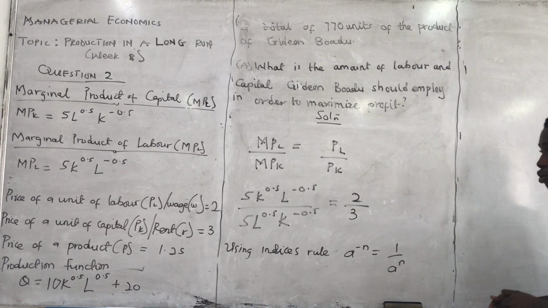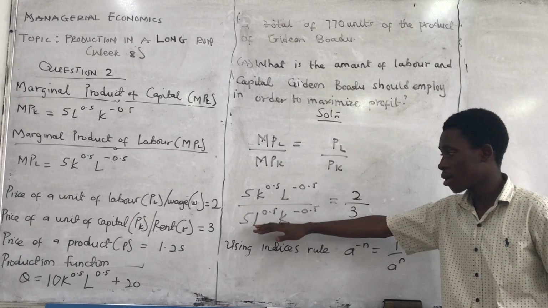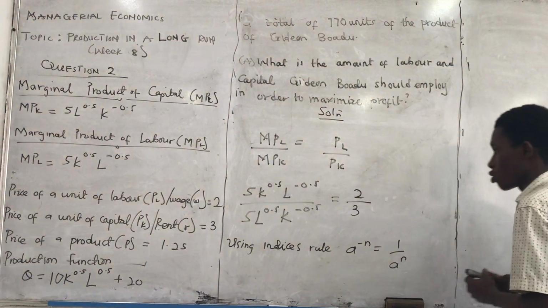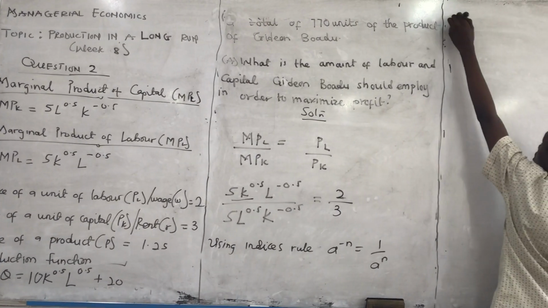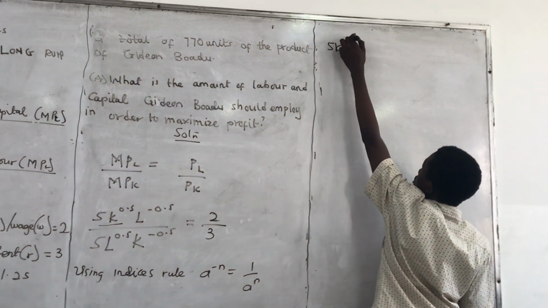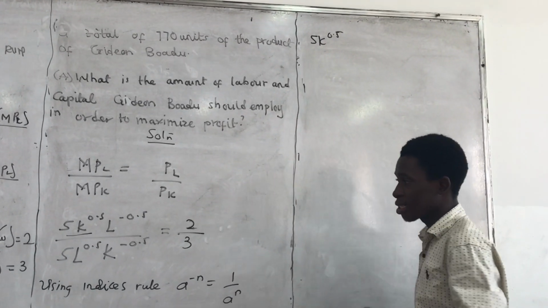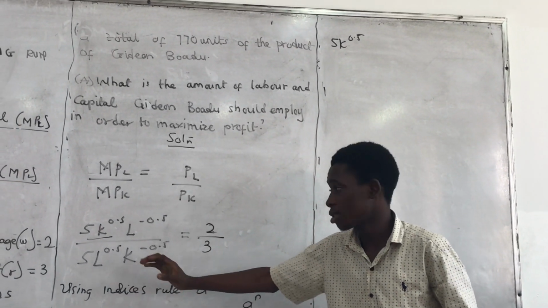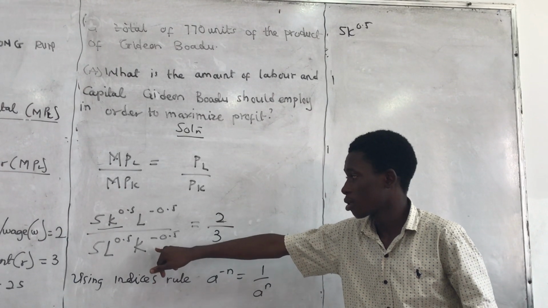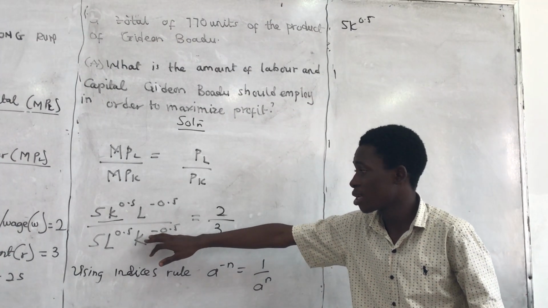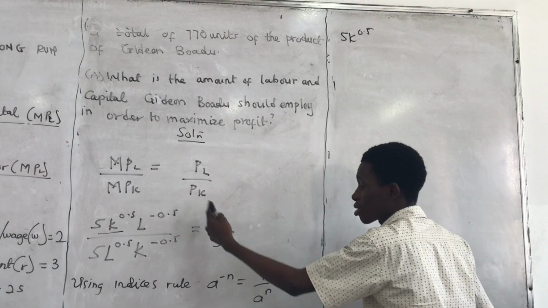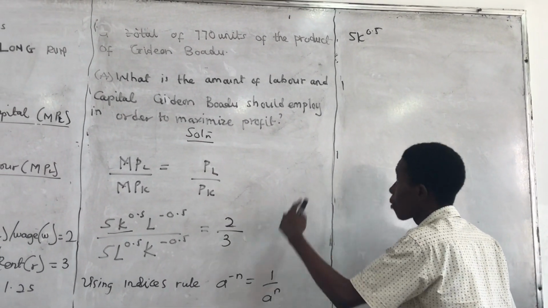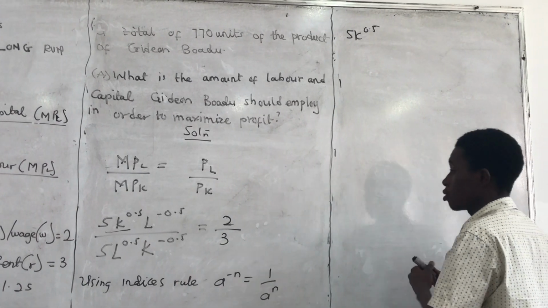This means we are going to group all the K at one side and all the L at the other side. K is starting first, so we maintain the 5K^0.5. Do we have any K anywhere else? Yes, we have K here with exponent negative 0.5, so we bring it up. If it's coming up, it goes to positive, so it becomes K^0.5.